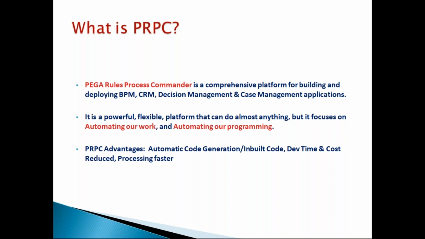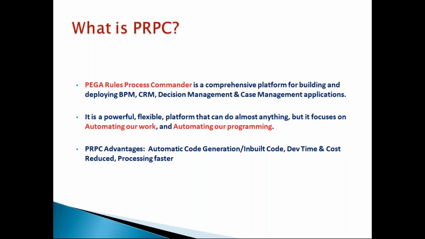And the main advantage is that PRPC will automate the work. Automating work means mapping the rules in the flow diagram; that we used to call automating our work. Automating our programming means here in Pega, everything will be in the form of a template. Okay, we just need to fill the parameters and coding will be automatically generated, or Java source code will be automatically generated.